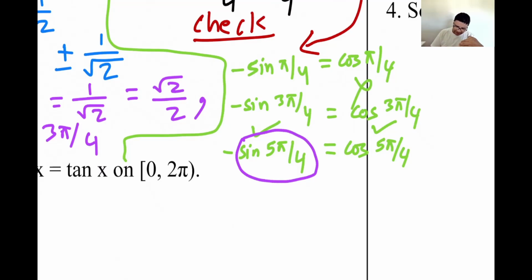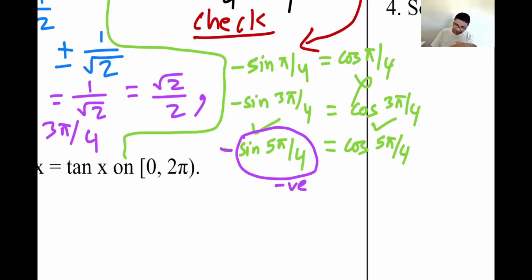So this quantity is negative. And if you put a minus in front of it, the whole thing becomes positive, right? Overall, it is positive. Whereas cos 5 pi over 4 is negative root 2 over 2, which is negative. So positive and negative are not equal, right? So the two sides are not equal. That's not true.